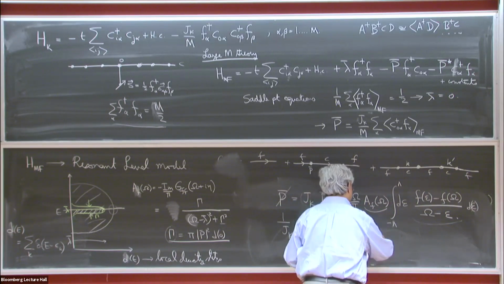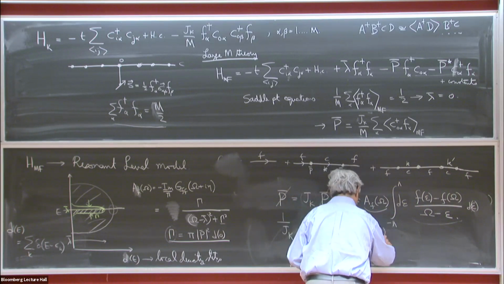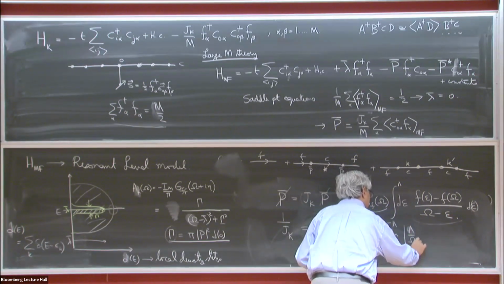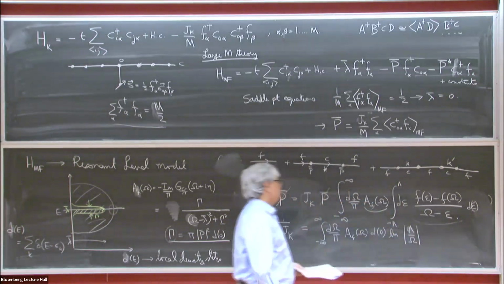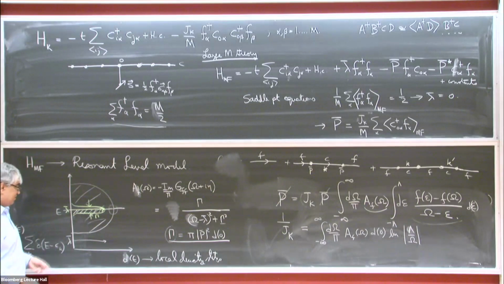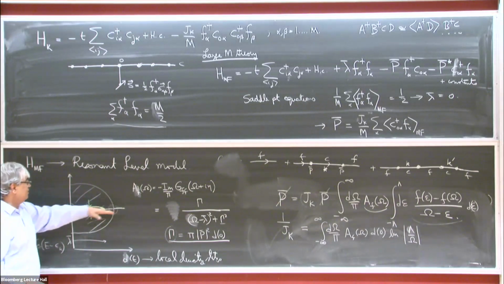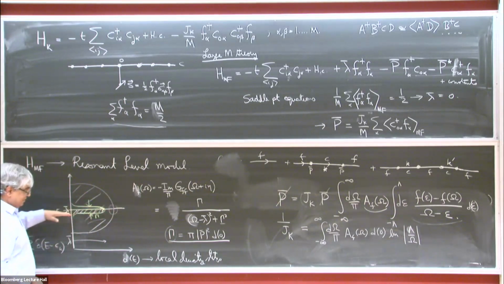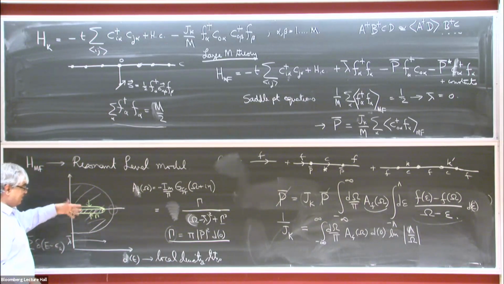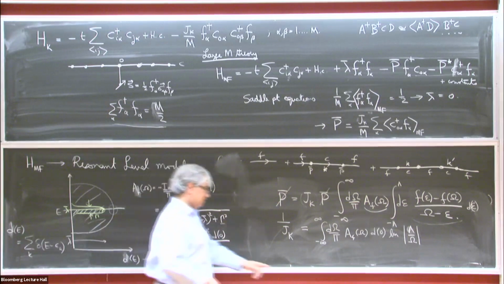That turns out to be d of 0 times log of mod lambda over omega. We'll see eventually that this log divergence has an origin in the fact that this f state has a single energy. It has no dispersion. That's what leads to this.